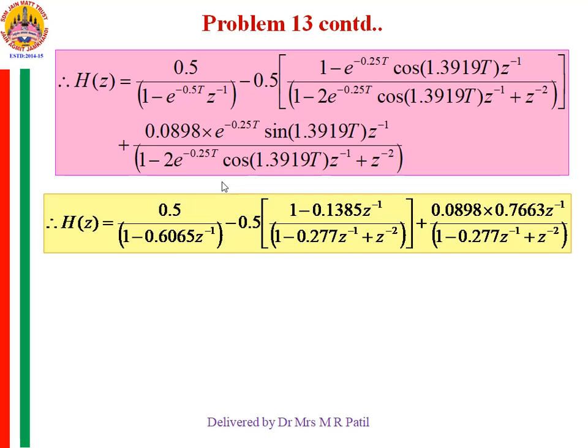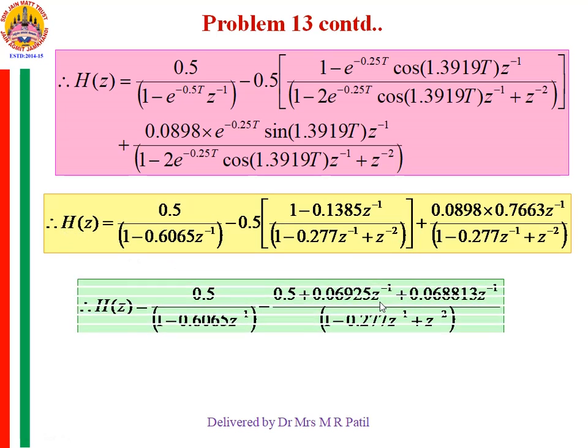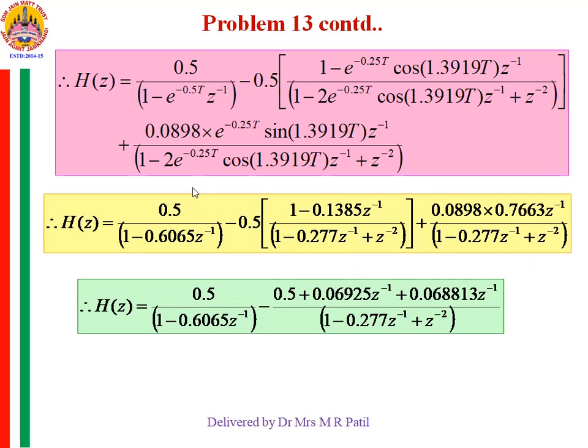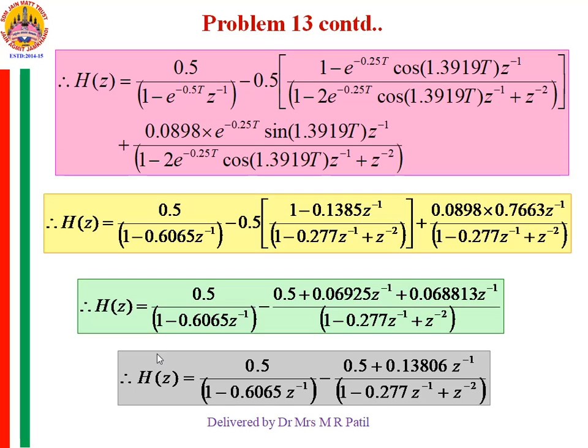I can take t equal to 1 second, assume it, and substitute and try finding the values of each of these brackets. So you'll get this H(z) like this. You can further simplify and write H(z) like this.